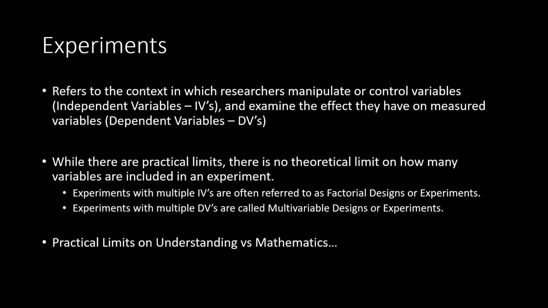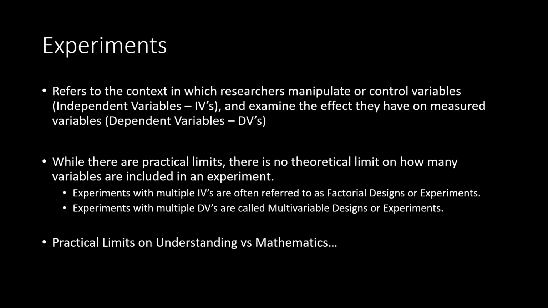Well, we won't talk about it in this entire semester, because this is something that oftentimes only comes up in more advanced statistical classes or certain types of research. And that is when you have experiments or studies in which you have multiple dependent variables at the same time. And these are often referred to as multivariable or multivariate designs or experiments.